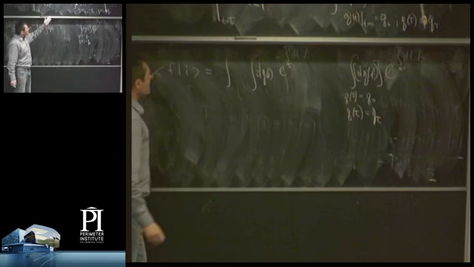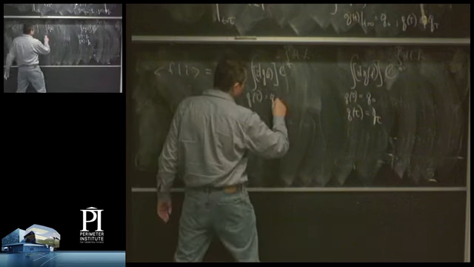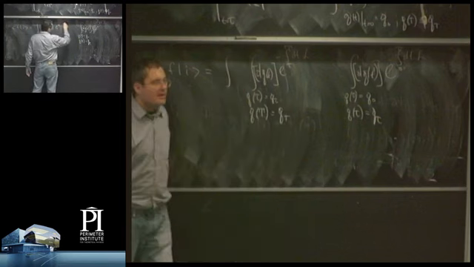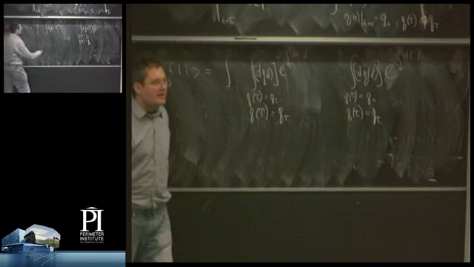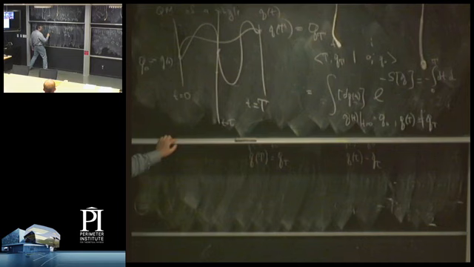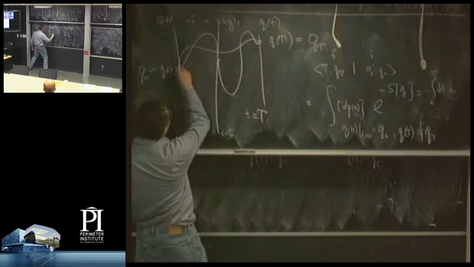And then I have to propagate it further. So I have to consider an integral e to the minus, so here I have an integral from tau to capital T, dt of the Lagrangian. So again, this is a path integral with the boundary conditions at tau equals q tau, and then q of T equals q T, right?